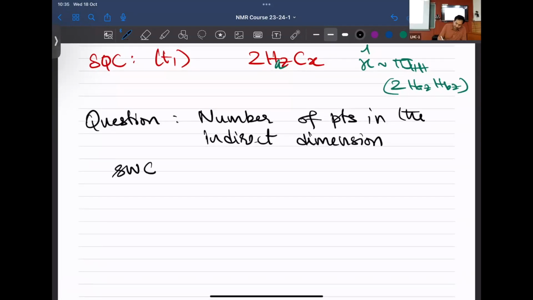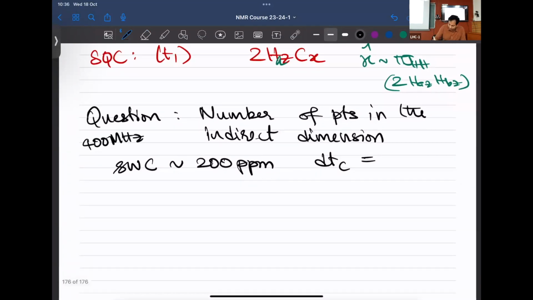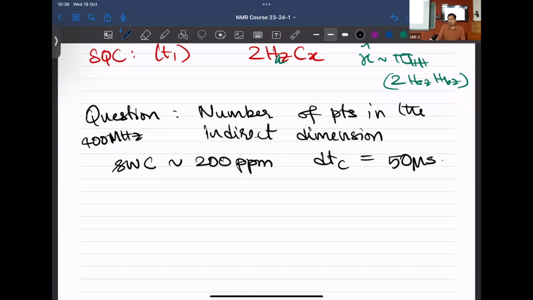We set the carbon spectral width to 200 ppm, which means that the dwell time on carbon, for 400 megahertz proton here, we calculated to be 50 microseconds, right? That is a dwell time, meaning that the spacing between points while you're acquiring will be 50 microseconds.